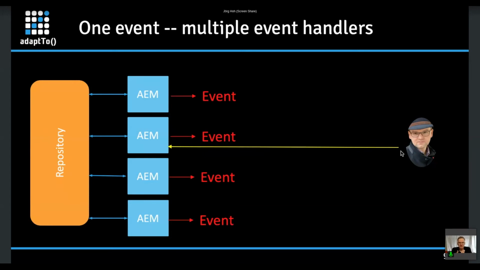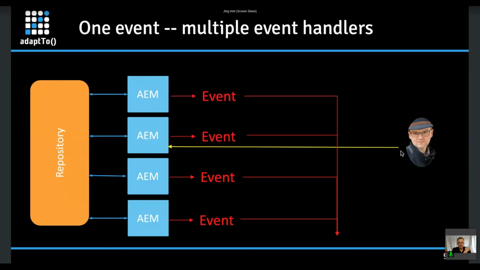First of all, it might not be a problem, depending on what you're doing in this event handler. The problem could be when they all do the same thing. When they all want to update an entity which exists only once. They all want to update another node in the repository. They all want to update an external database. In this type of situation, you need to pay attention to the event handling.